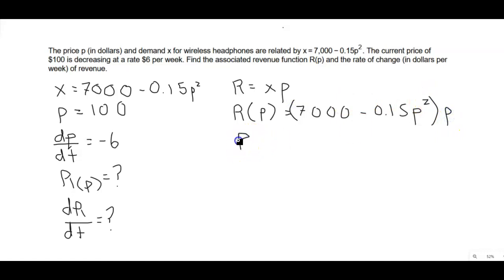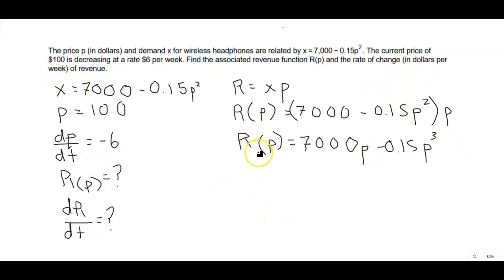So the revenue function in terms of our price, I can just multiply those two together, and I get 7,000 P by distributing that P, minus 0.15 P cubed. All right, so now I want to find dR over dt, which is the change in revenue with respect to time, which is what they're asking for, the rate of change in dollars per week of the revenue.